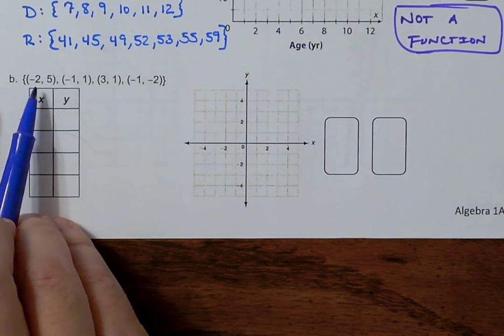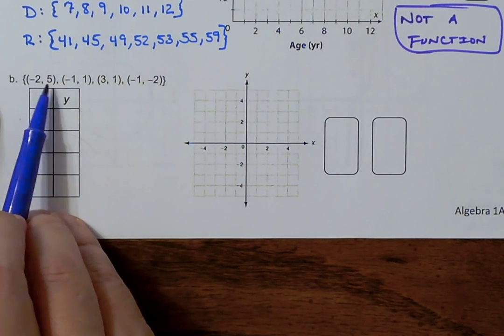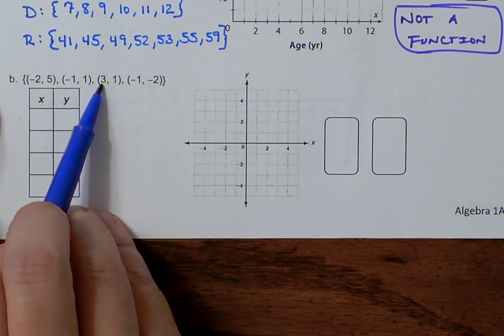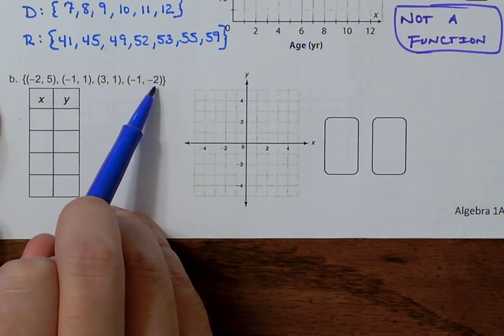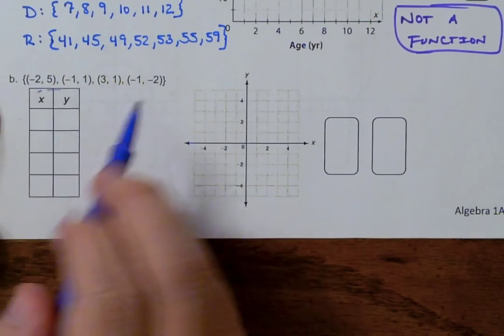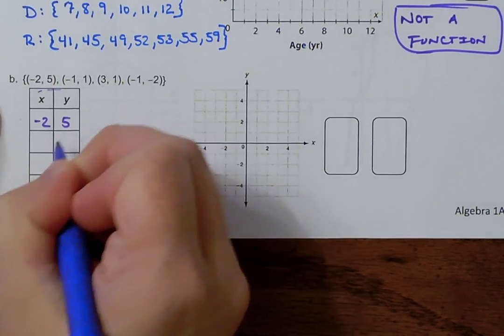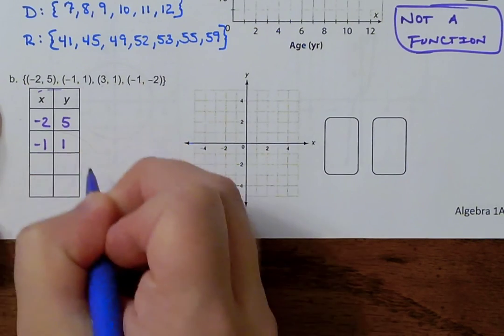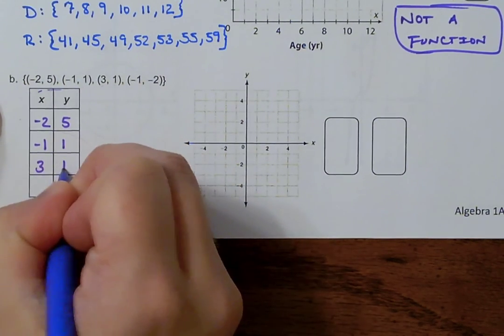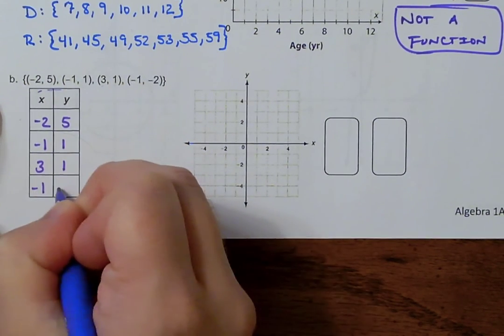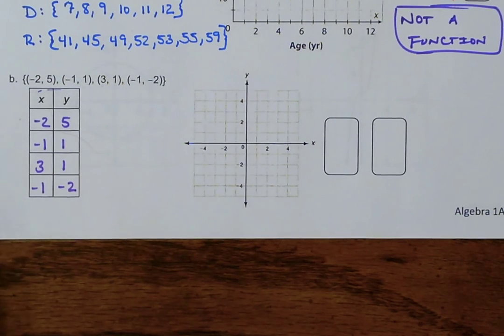All right, for B, I have my relation of (-2, 5), (-1, 1), (3, 1), (-1, -2). So if I'm setting up a table, it would be -2, 5, -1, 1, 3, 1, and then -1, -2.